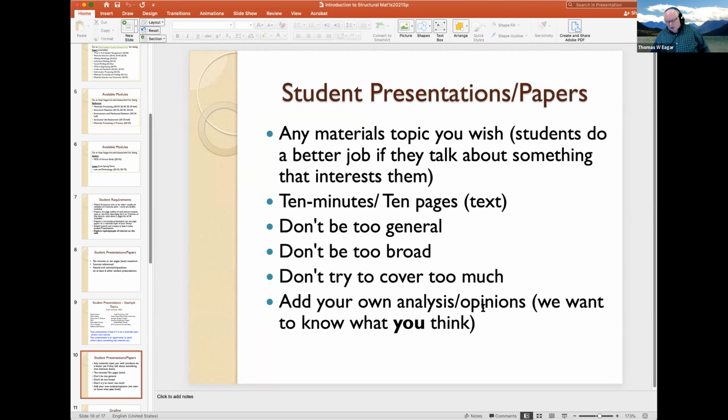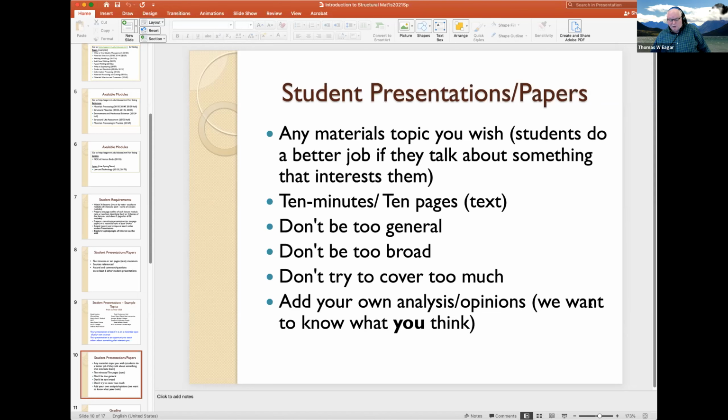And at the end of your presentation, the last slide or two, we want to know what you think. Sometimes you're going to be evaluating what other people think, and we want to know if you think they're right or wrong. A lot of people will tell you that since this is a class that doesn't have quizzes, it's easy to get an A. Well, let me tell you, it is possible to get a B in this class.